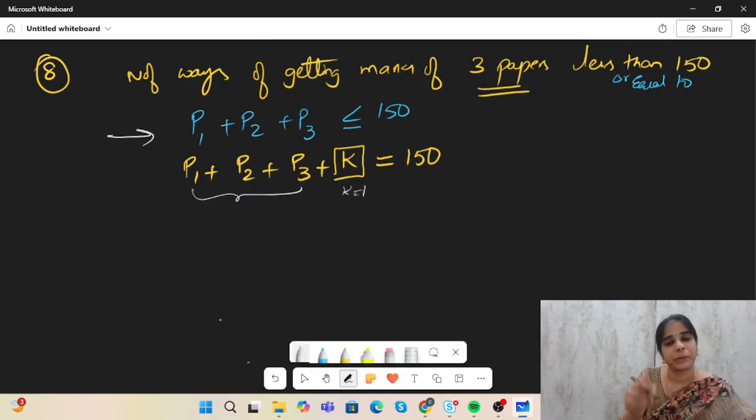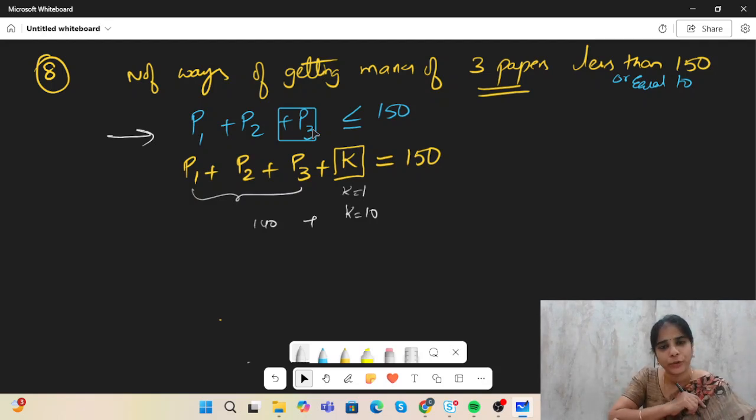Is it matching my condition that P1 plus P2 plus P3 is less than 150? My 149 is less than 150, right? Matching there. Suppose K equal to 10. Then P1 plus P2 plus P3 should be 140 to frame this equation. So obviously 140 is less than 150. No problem at all for me.